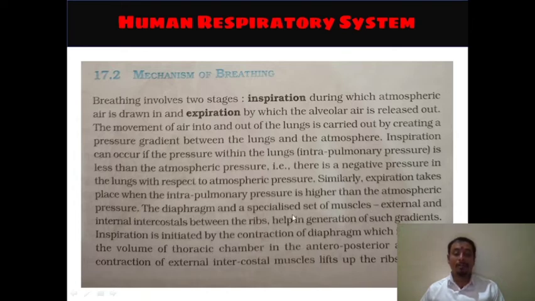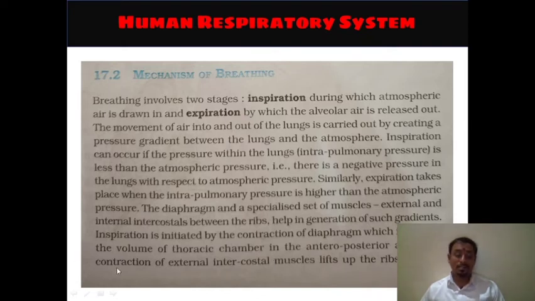The diaphragm and a specialized set of muscles, the external and internal intercostals between the ribs, help in generation of such gradients. Inspiration is initiated by the contraction of the diaphragm, which increases the volume of the thoracic chamber in the antero-posterior axis.